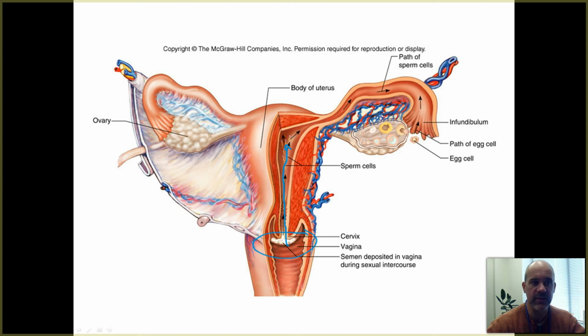You have peristalsis that takes place as the smooth muscle in the wall of the uterus contracts, and that helps propel these sperm cells forward. And then they start swimming their way up the fallopian tubes, and meanwhile, here's a secondary oocyte that got ovulated out. It passes through the infundibulum into a fallopian tube, and somewhere in here you're going to have fertilization occur.